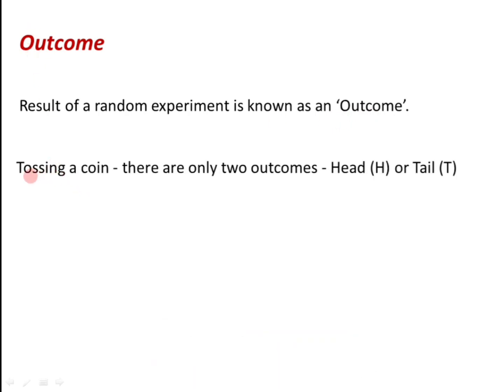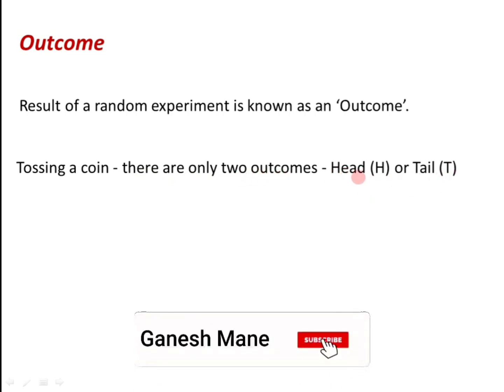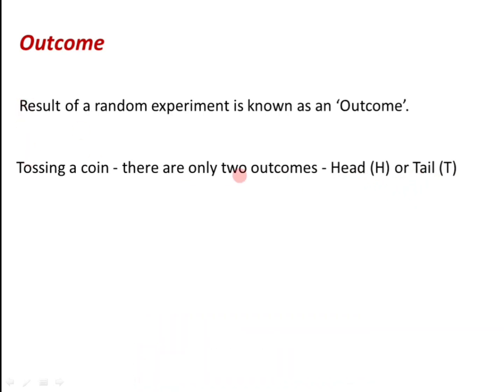Let us have one example. Tossing a coin. There are two possibilities that we can get. That is, there are two outcomes. Either we get head or tail. So these are the results we can get by this random experiment. That's why these are the two outcomes of the random experiment of tossing a coin.